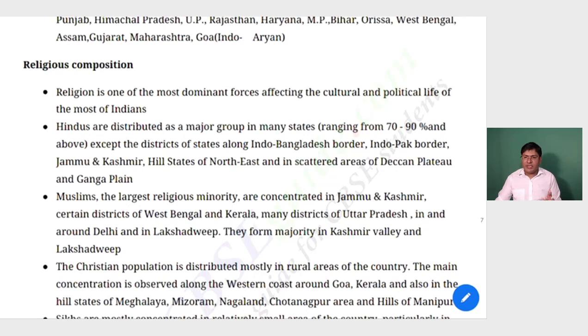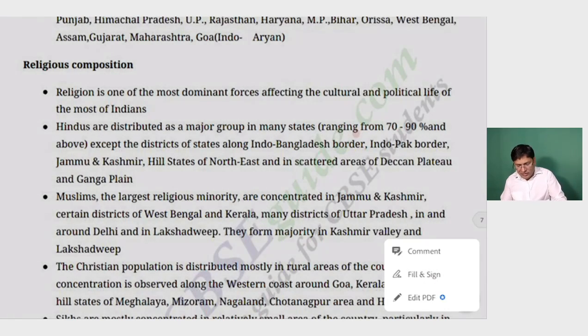And we know that religion is one of the most dominant forces affecting the culture and the political life of most of the Indians. Based on the religion, the people's culture, social status, and political life is affected. And Hindus are distributed as the major group in many states, ranging from 70 to 90% and above.